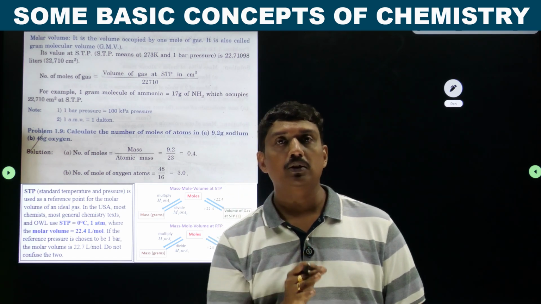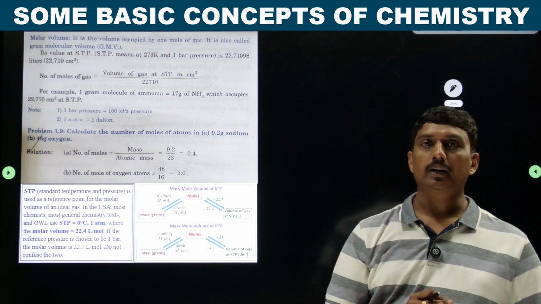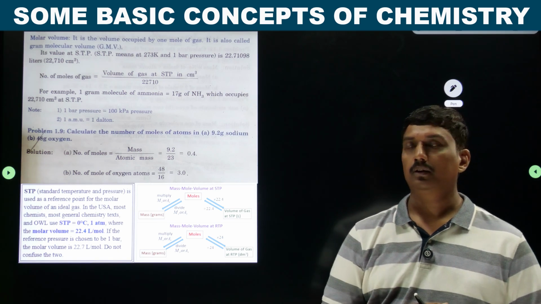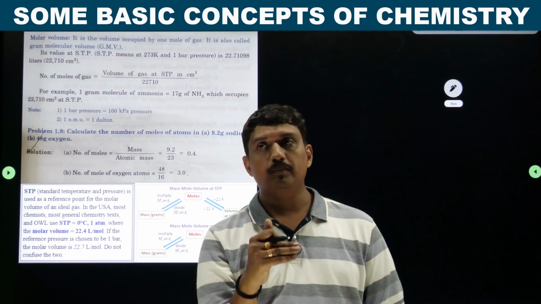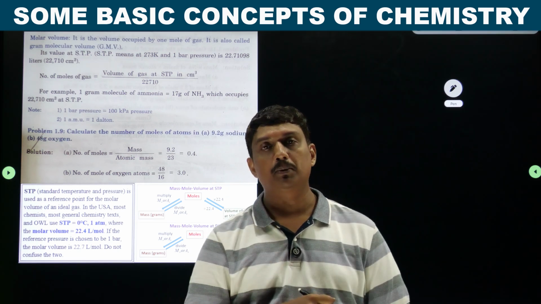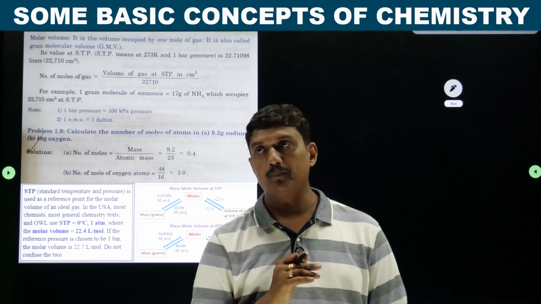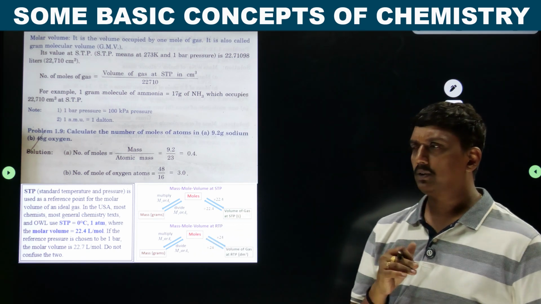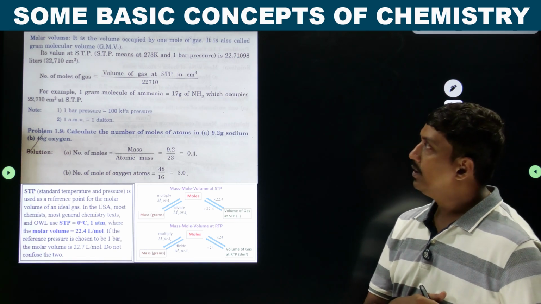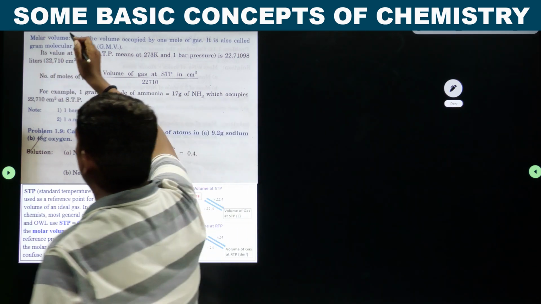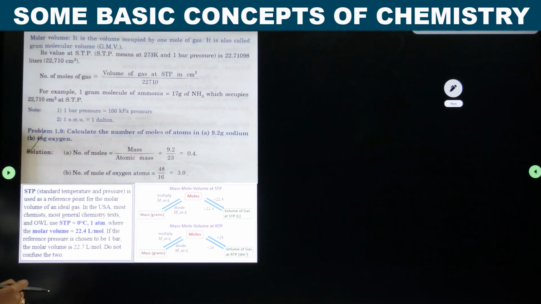Now we are discussing the most important topic of this chapter, that is molar volume. Usually we expect questions on this topic, molar volume. What is exactly the meaning of molar volume? Here we have two things. One is molar, another is volume.